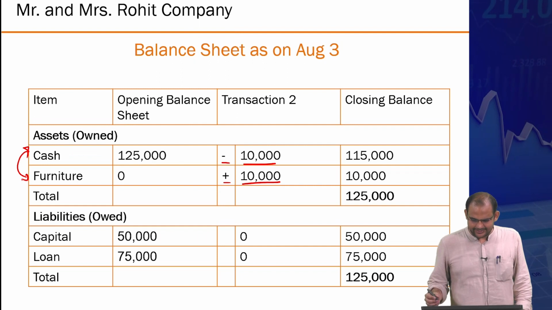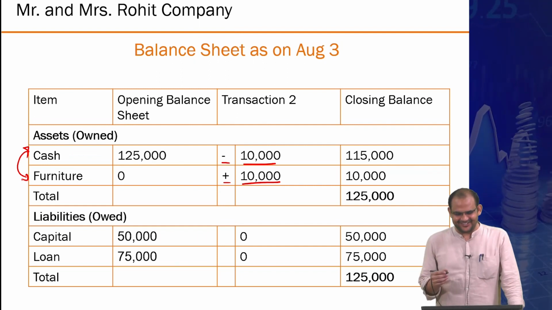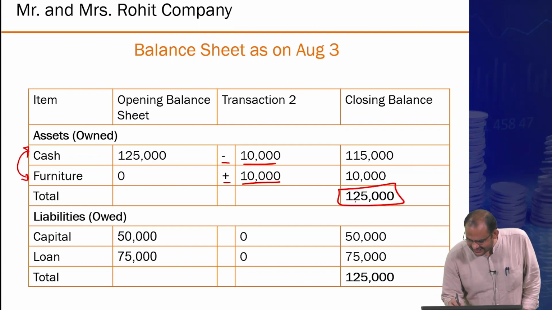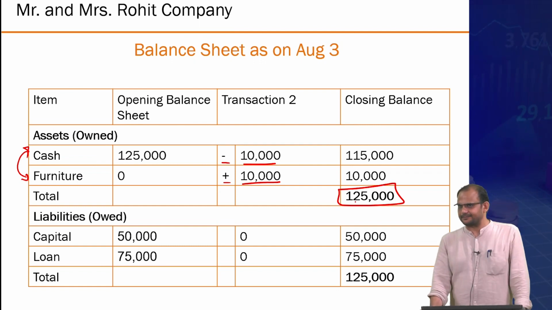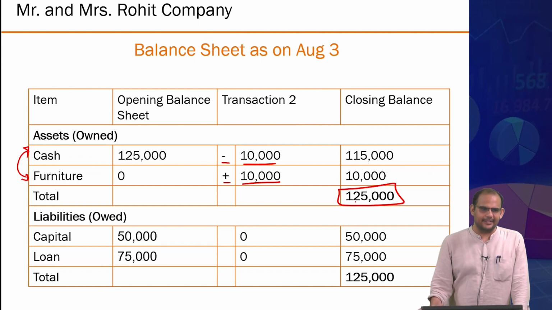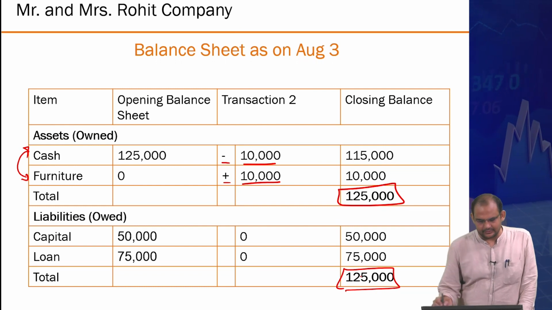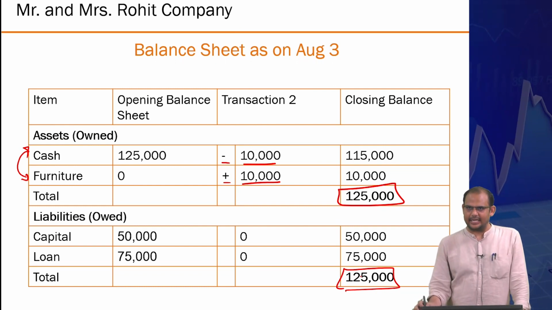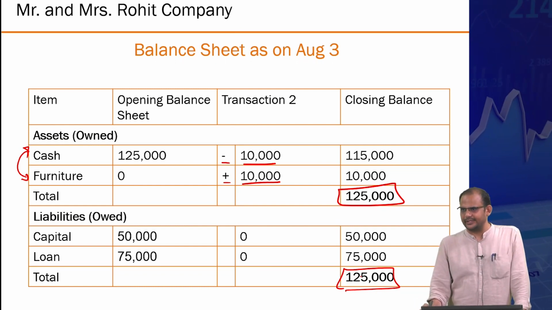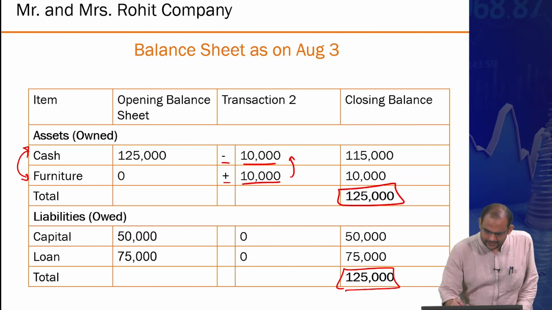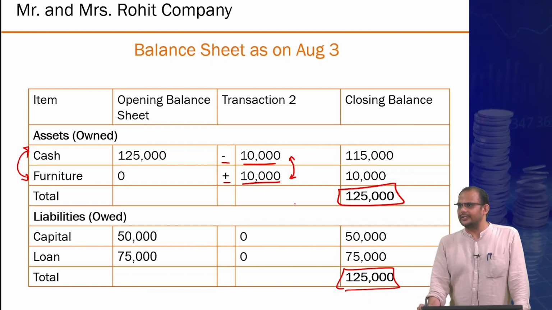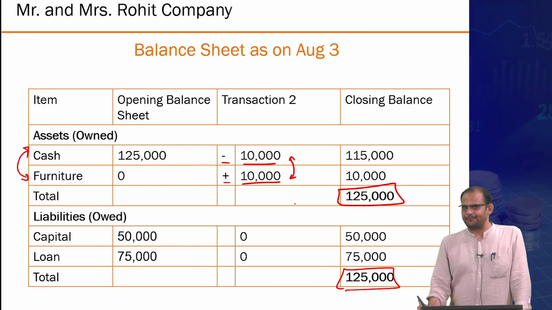I like the mistakes. It allows me to teach the concepts well. Any change in the liability side? Nothing, right? So the total capital and the loan is still there. It becomes 125,000. The only transaction that is happening is the convertibility of the assets. Okay.